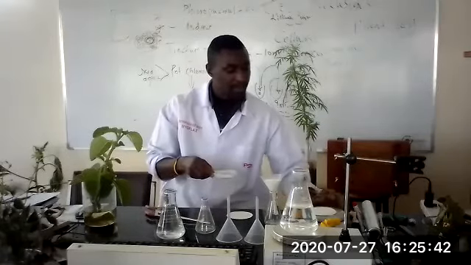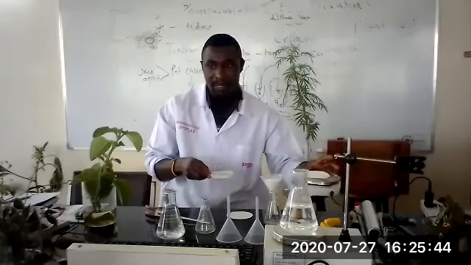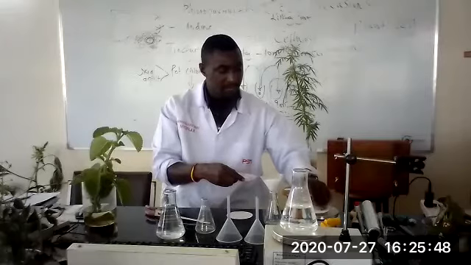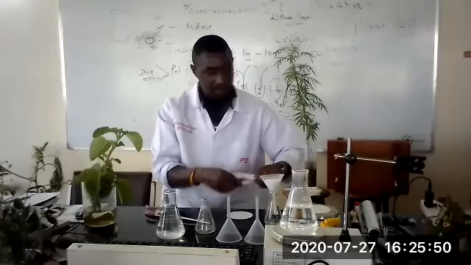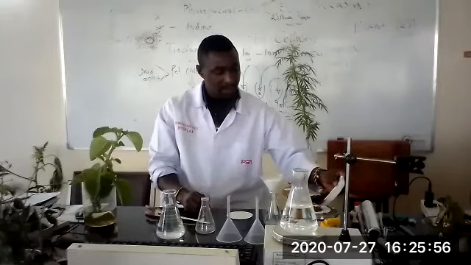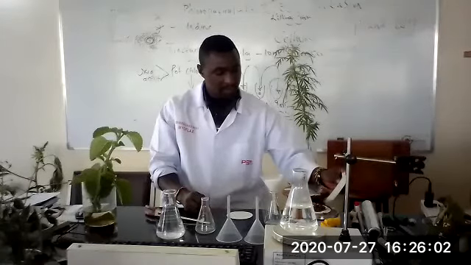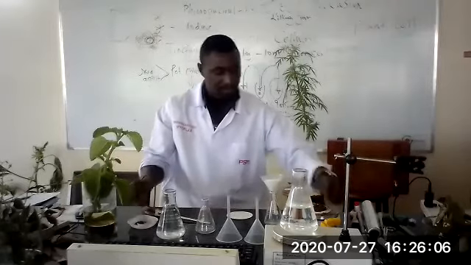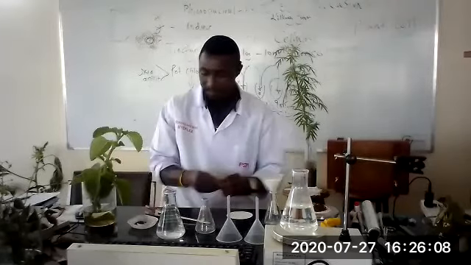You tare your balance, the weighing balance, to 0. Then place something to filter, then I will place the powder. That is almost 5 grams, 6, 10. Yes, that is 10 grams.